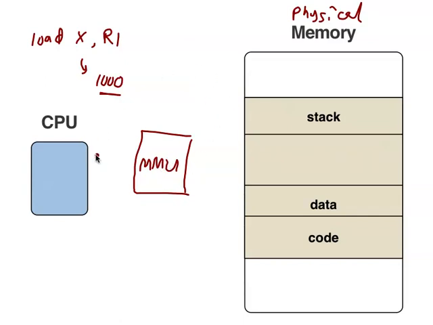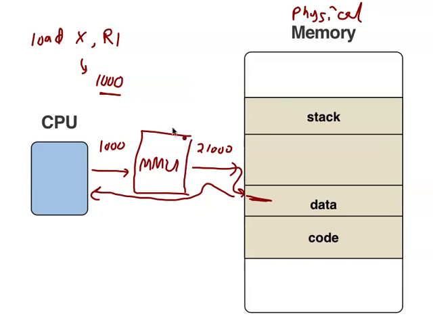When the CPU tries to execute the instruction, it puts a request to fetch data from the memory. It passes in the logical address. The MMU will translate this to a physical address. Let's say the physical address is something like this, and then you can get the data from the physical memory and send it back to the CPU.